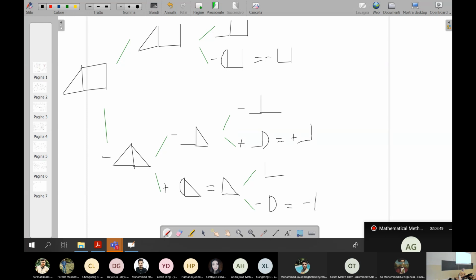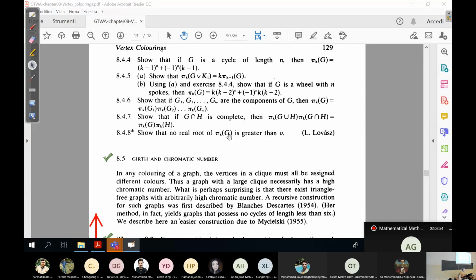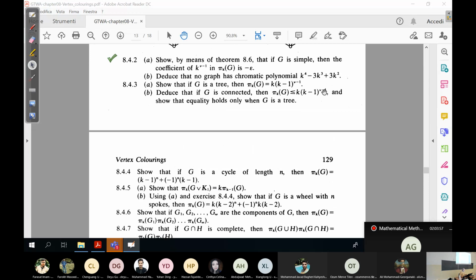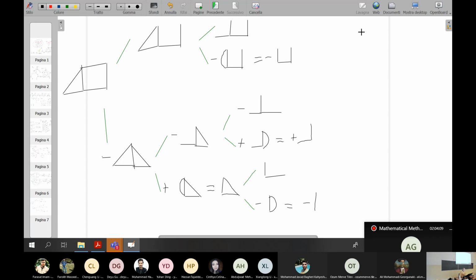So now I use this for trees, okay? If I have a tree with n vertices, its polynomial is k times k minus 1 raised to n minus 1. So this is with 1, 2, 3, 4, 5 vertices. So this will be equal to k times k minus 1 raised to the 4th power.